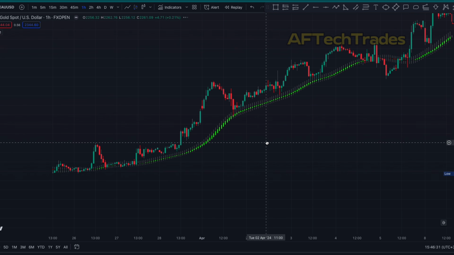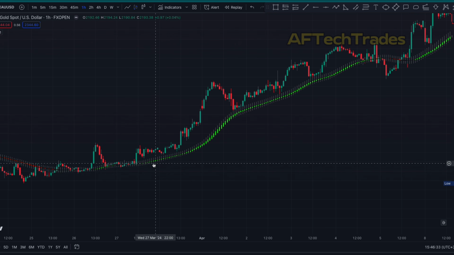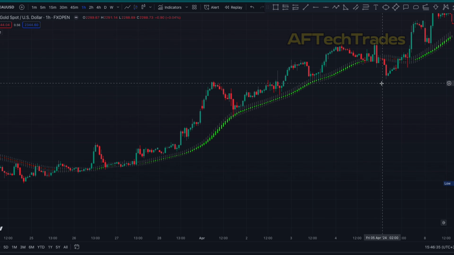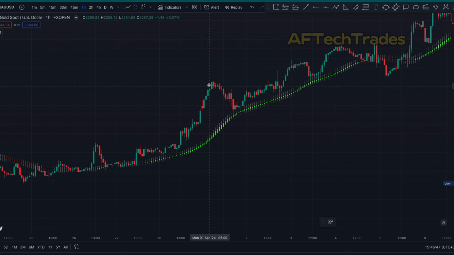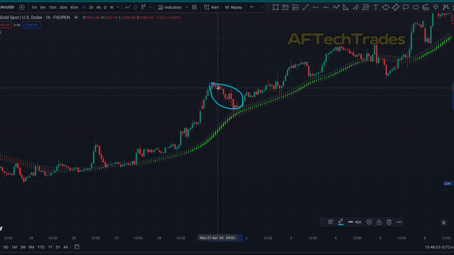Once you see that this indicator is green, it signifies that the market has been in an uptrend. You can see the traditional indicator, this normal one on the outside, is showing red, which signifies that there was a little downtrend.